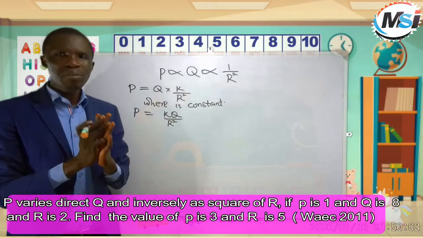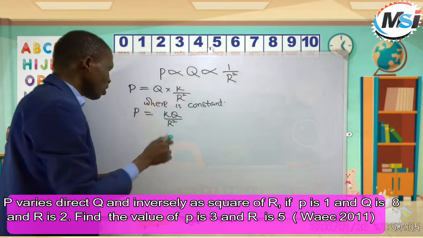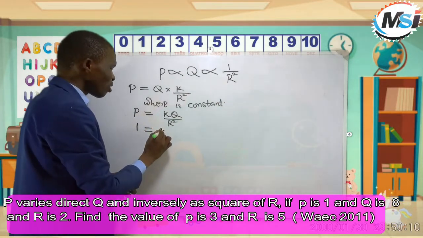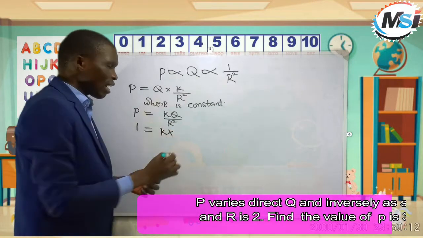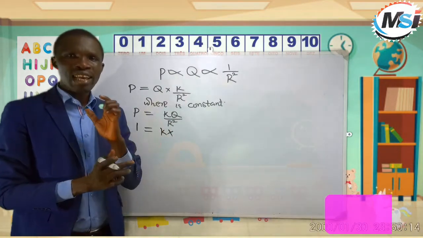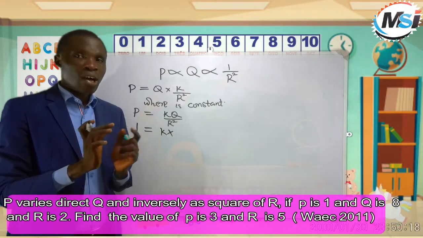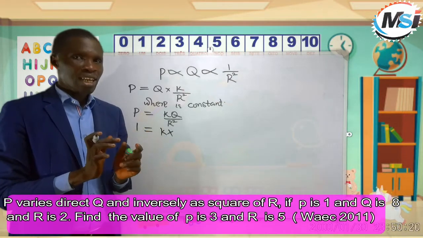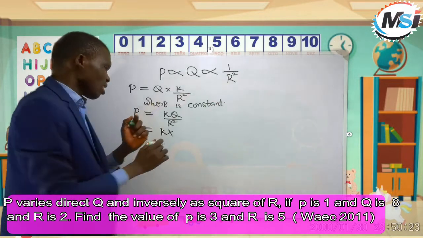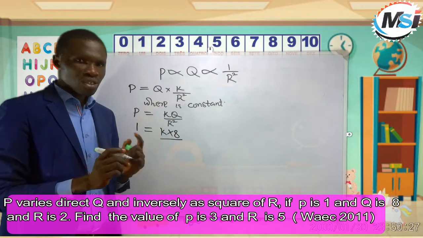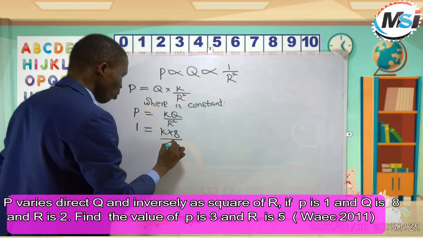Now, let's go back to the question. From the question, P is given to us as 1. Just put 1 here. K is unknown, is constant, and Q is given to us as 8. Be careful when you are looking at all these parameters. Q is 8, so 8 divided by R, which is given to us as 2 squared.